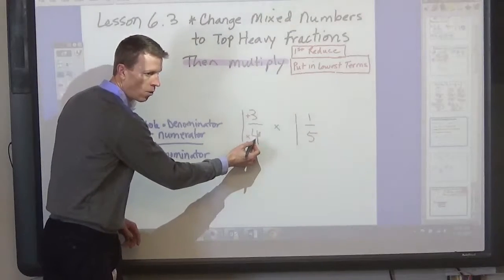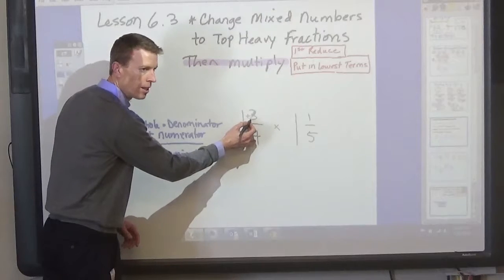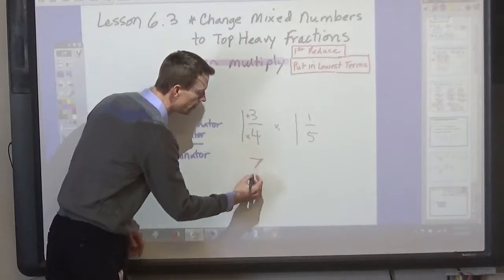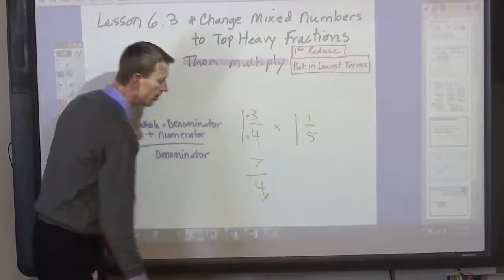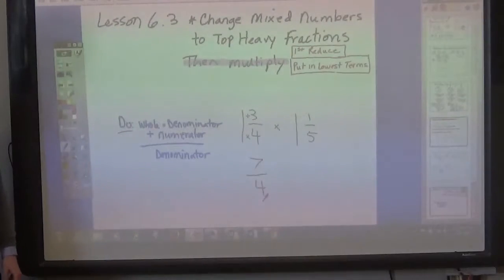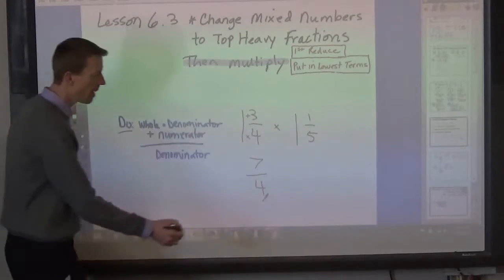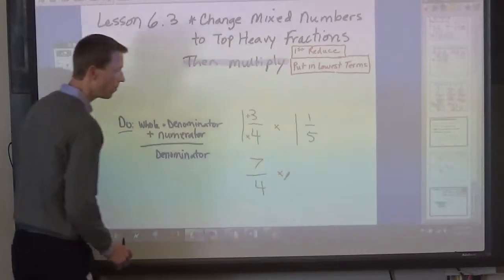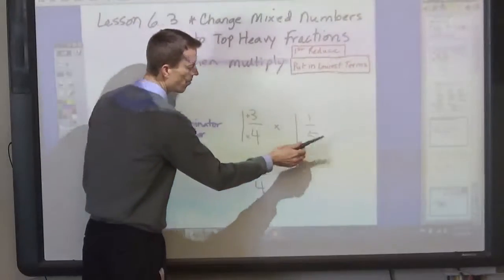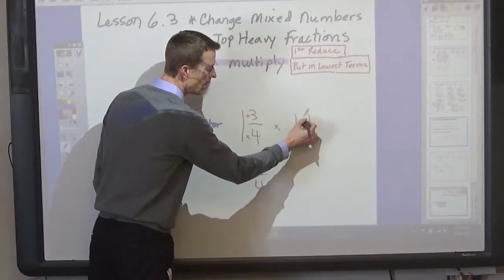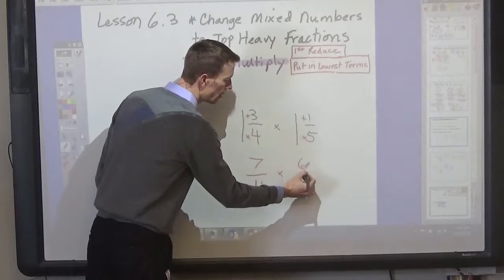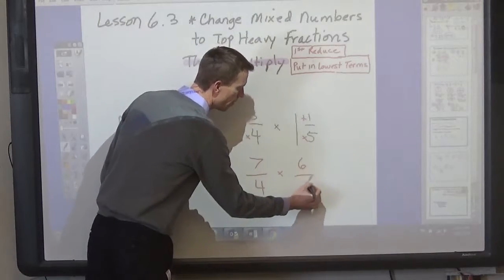So 1 times 4 is 4, plus 3 is 7 over 4. Okay? Do the same thing to the next one. 1 times 5 plus 1 is 6 over 5.